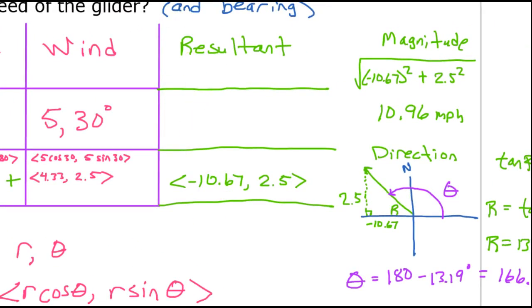Okay, so let's just record all of that on our chart. So the magnitude was 10.96 and the direction is 166.81 degrees.